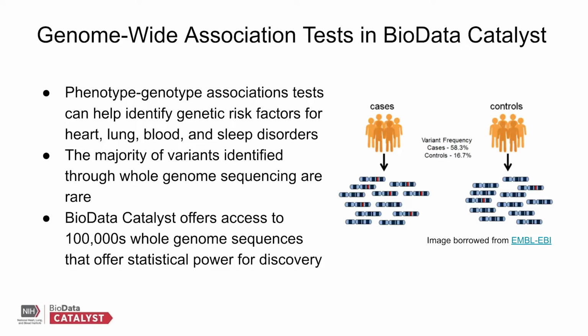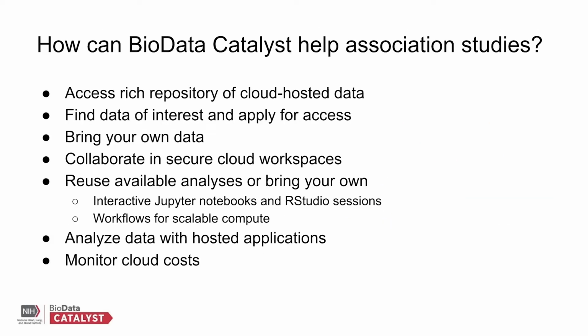Phenotype-genotype association tests can help us identify genetic risk factors for heart, lung, blood, and sleep disorders. We know the majority of variants identified through whole genome sequencing are rare, and BioData Catalyst offers access to hundreds of thousands of whole genome sequences that offer the statistical power necessary for discovery.